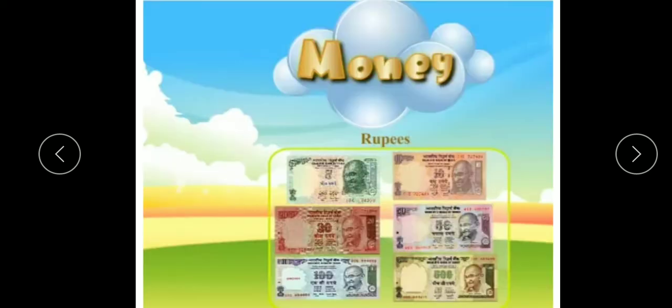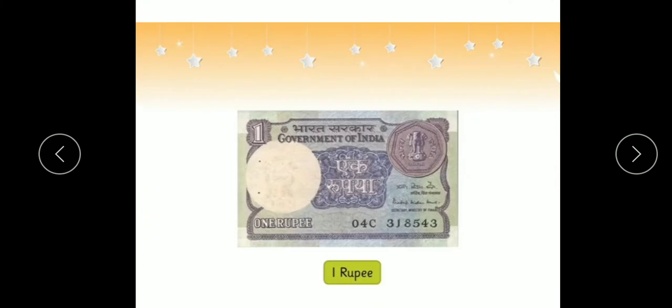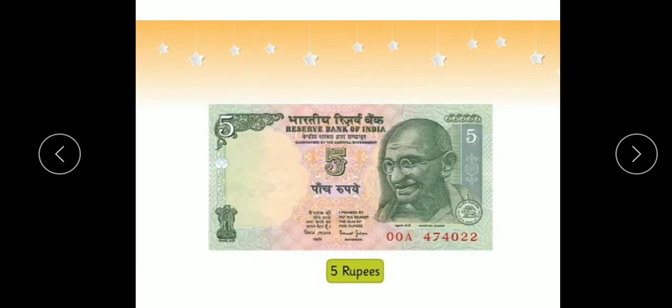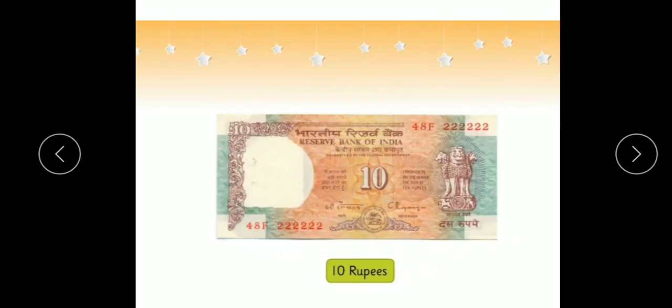Now let us look at some commonly used currency notes. You have also seen these notes. See, this is a 1 rupee note. This note is not widely used these days. This is a 2 rupees note. It is also not widely used these days. 5 rupees note. 10 rupees note.